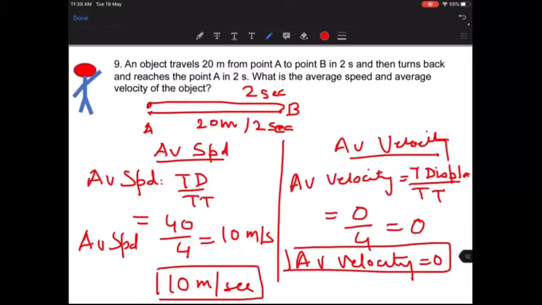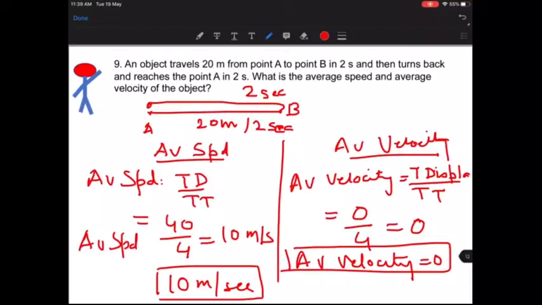Now understand this and write it down very carefully somewhere in your copies. When the object is traveling in a straight line, then you will get some average speed. But if it turns back, then average speed may be the same, but average velocity will be 0 because your displacement is 0.